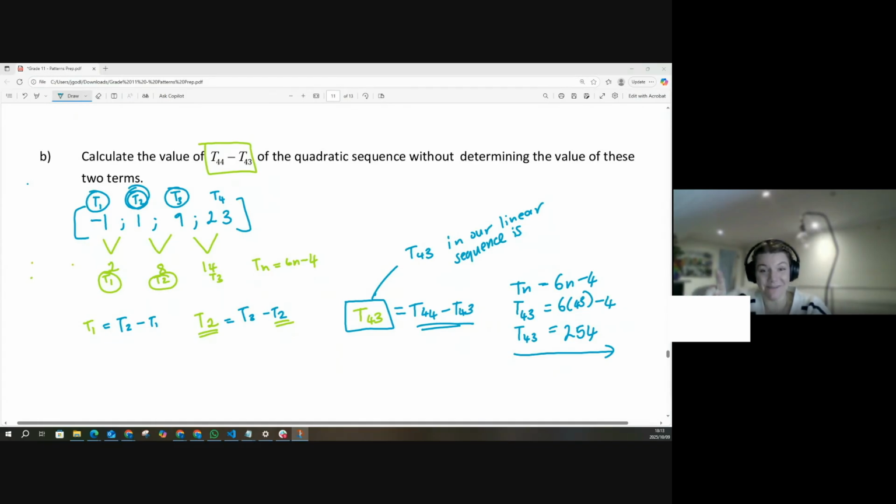If you got the same answer using your path, the problem with your path is that you would be determining the value of the terms. You would be determining what T44 is and what T43 is. And the question said specifically without determining the value of those terms.